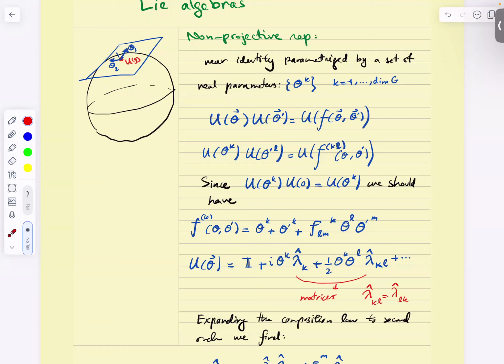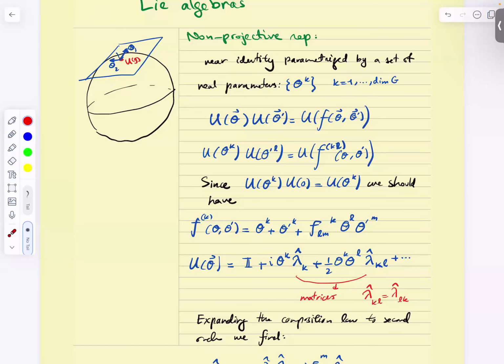That's what I'm doing here. Identity is the zero piece. The first order piece, the coefficient of those, I'm going to identify as the generators of the Lie algebra. I told you that these are the vectors in the tangent space. In principle, at the next order I have something else, lambda hat. We'll see that this must be related to lambdas. This will be fixed, so I don't need a new matrix.